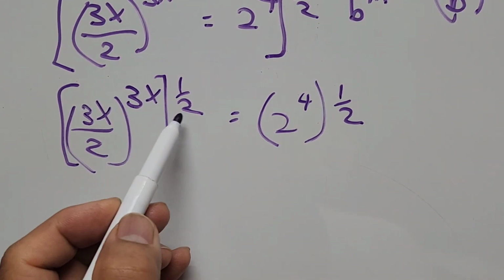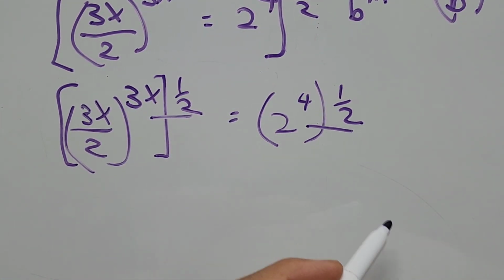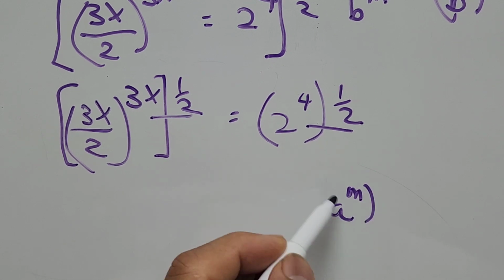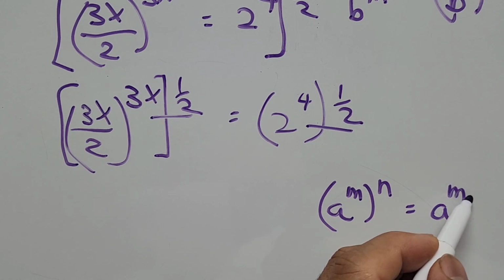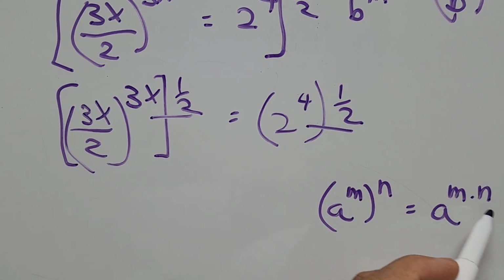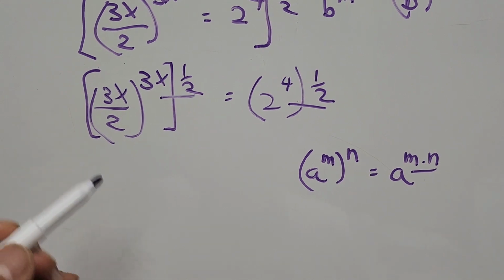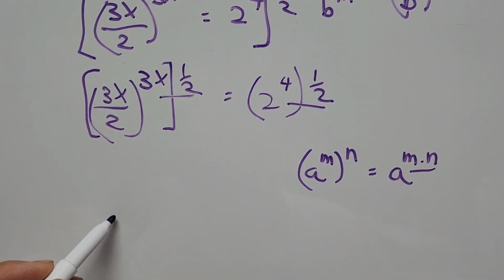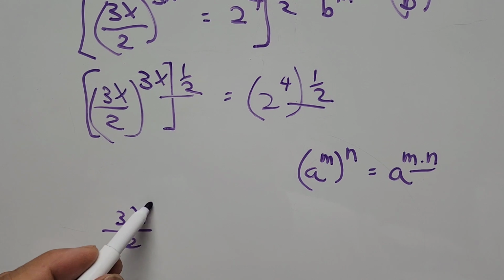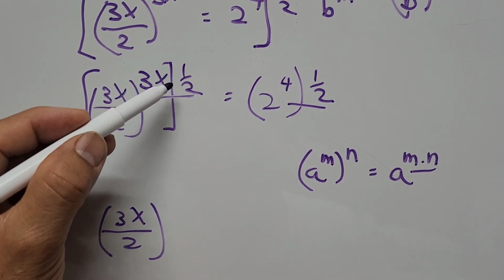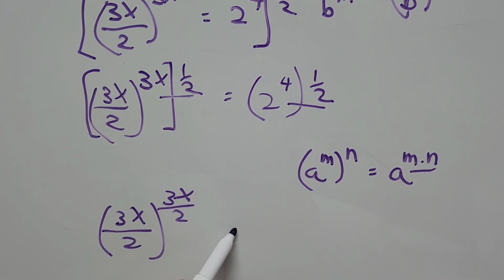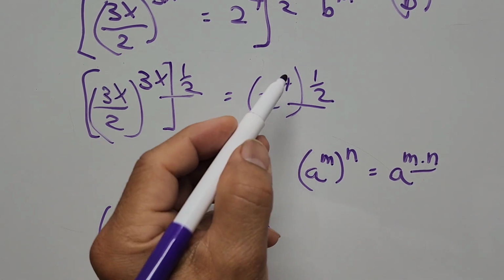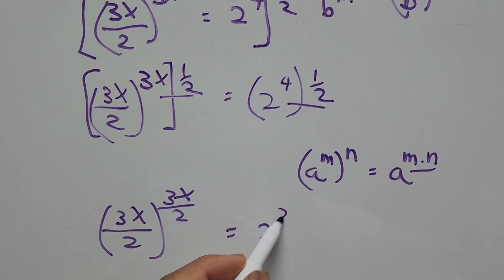From the formula, a to the power of m to the power of n is a to the power of m times n, so we're multiplying the exponents. The left hand side is 3x over 2 to the power of 3x over 2. The right hand side is 2 to the power of 4 times 1/2, so that becomes 2.